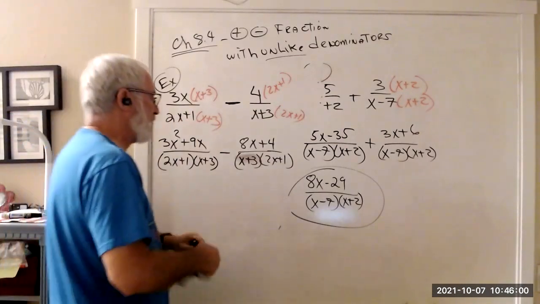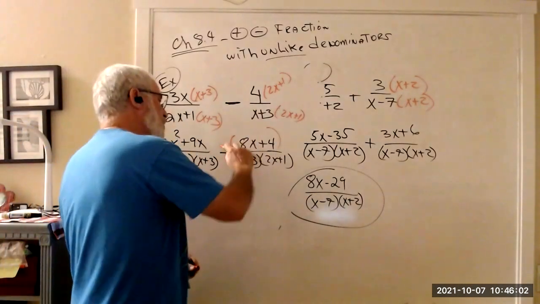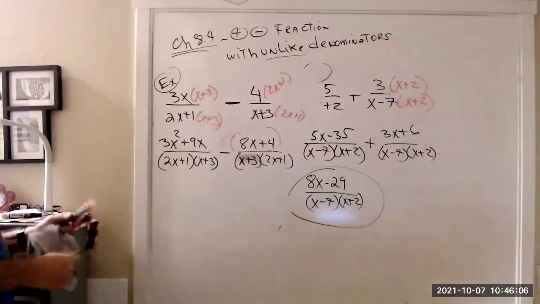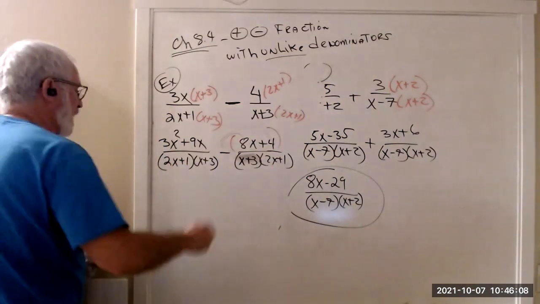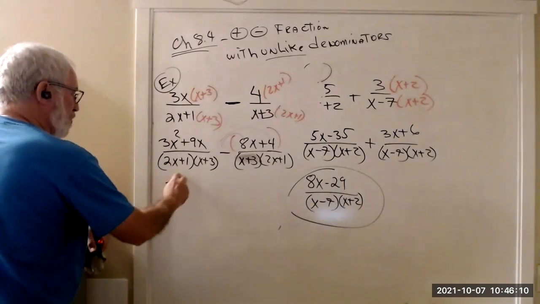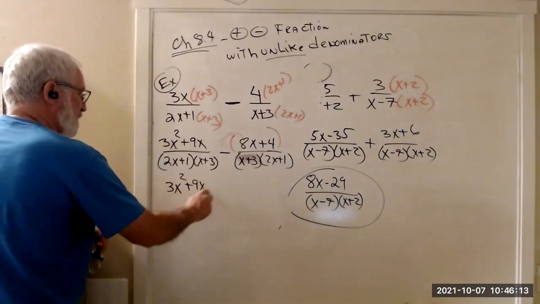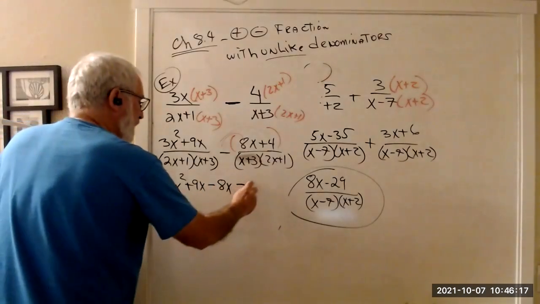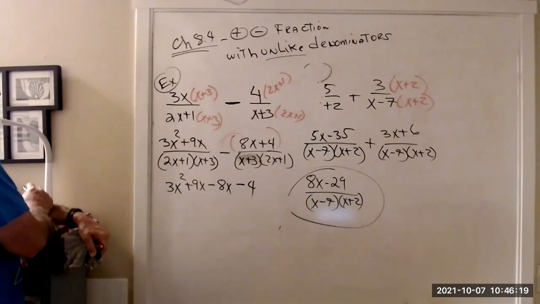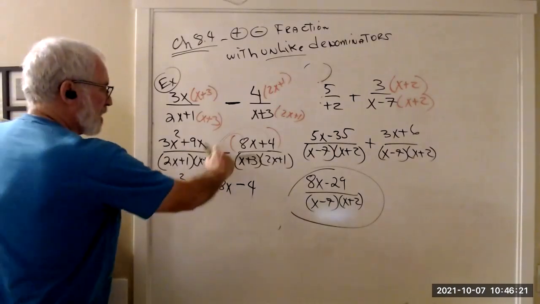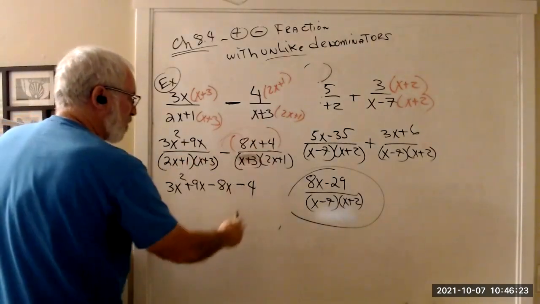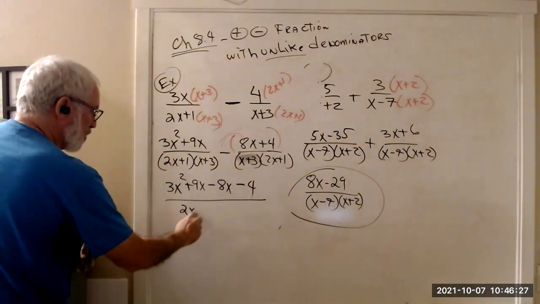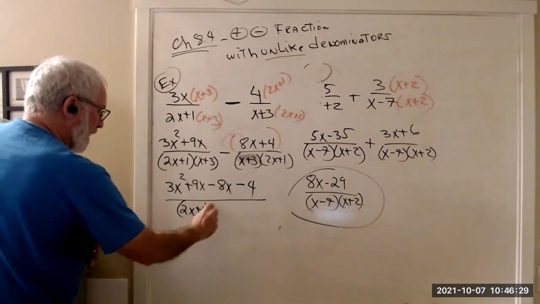This subtraction symbol distributes into all of that. So this next step might look something like this: 3x squared plus 9x minus 8x minus 4, because the minus sign distributes into all of that quantity, over this mess: 2x plus 1, x plus 3.